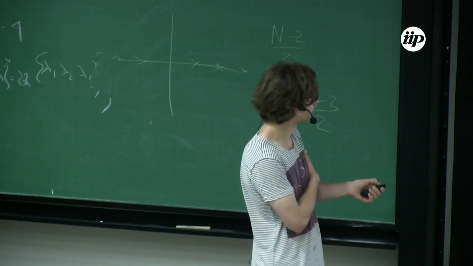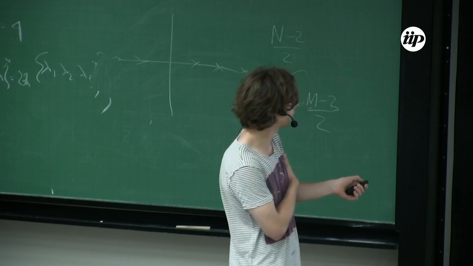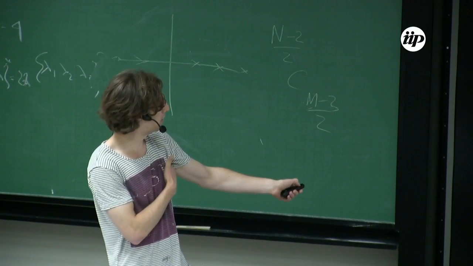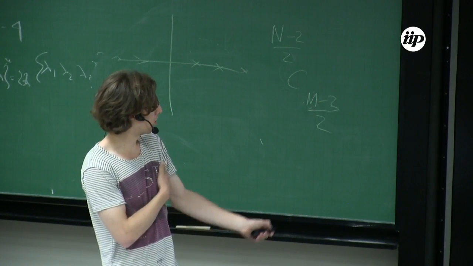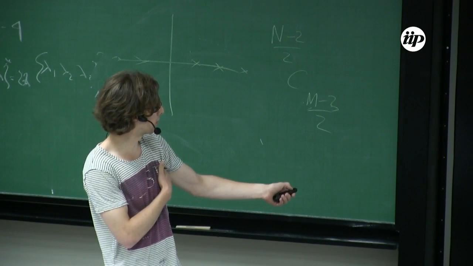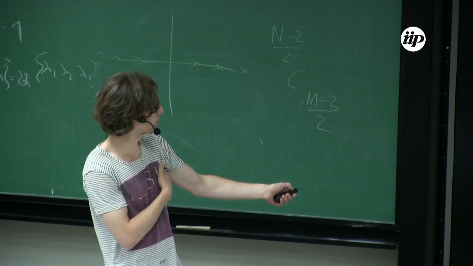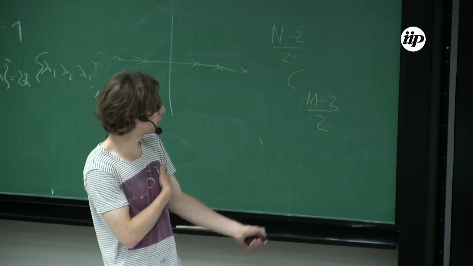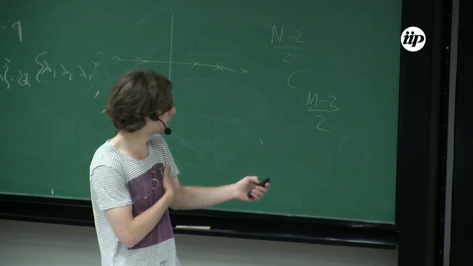You can define a new operator, this d plus, which generates an isolated fermion. So given that these two sides, i minus 1 and i plus 1, are not occupied, it can generate a fermion in the middle.